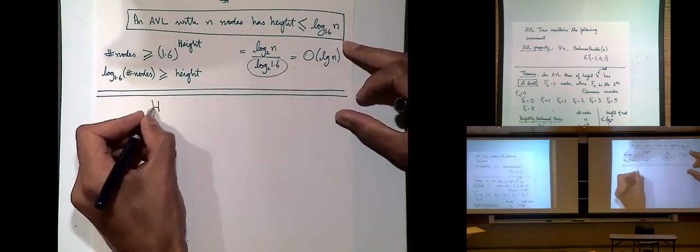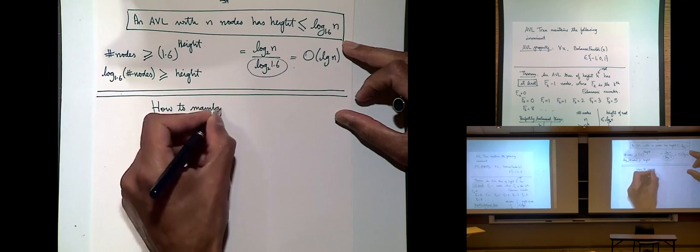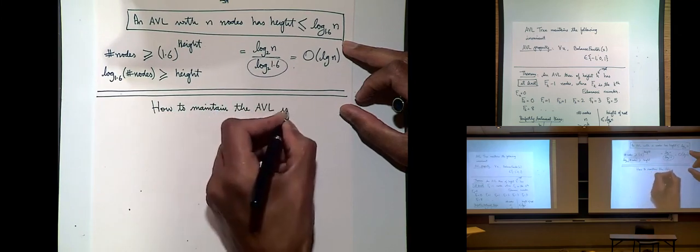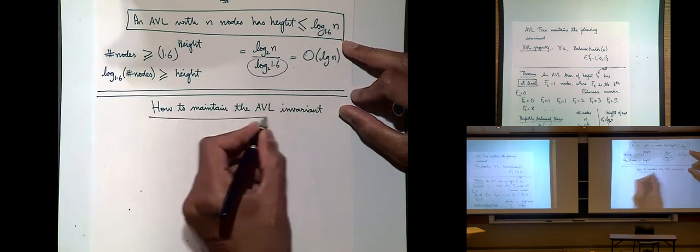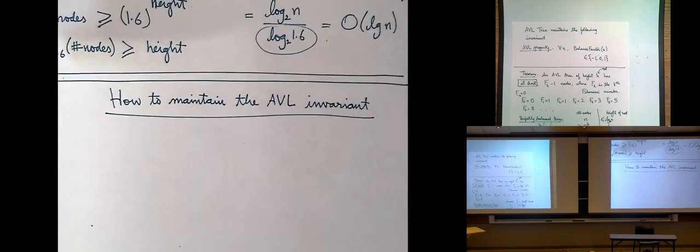So how to maintain the AVL property, the AVL invariant. And I think this is where, frankly, when it comes to either implementing or teaching the AVL tree, it's much better than the other trees, because it's actually a much more transparent process here.